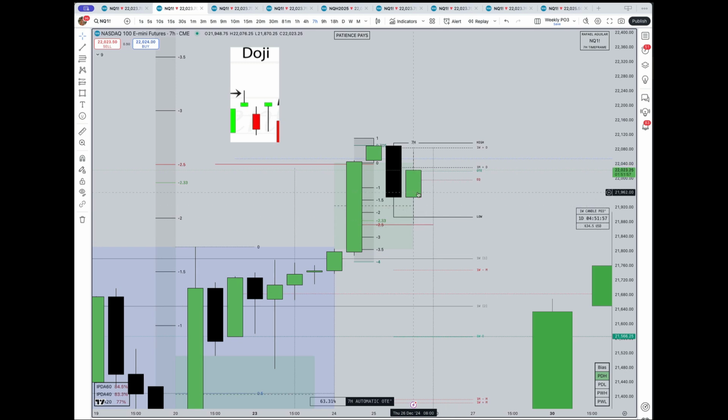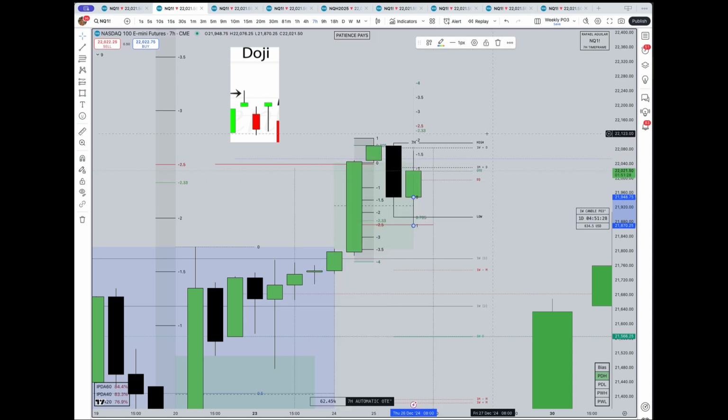And to try to frame how long this expansion will be, because this looks like the accumulation, the manipulation, that should be our distribution. But because we had a holiday yesterday, the price is not so precise like on a regular day. But we can try to just measure the wick of this candle. Let me try to reverse.